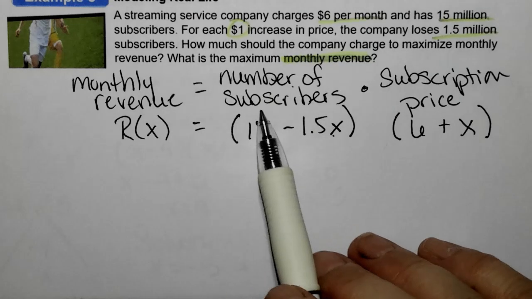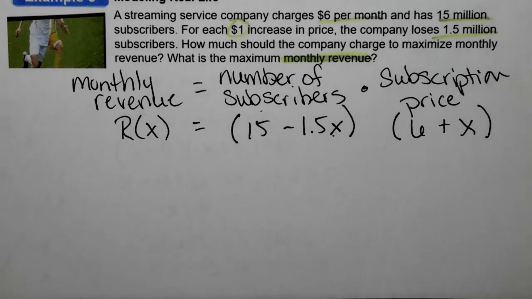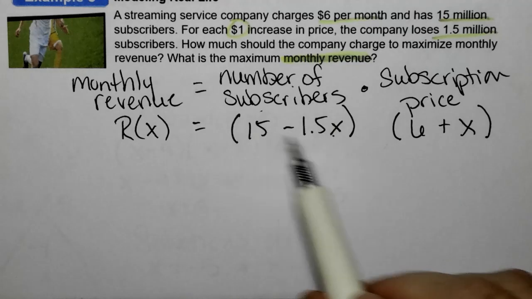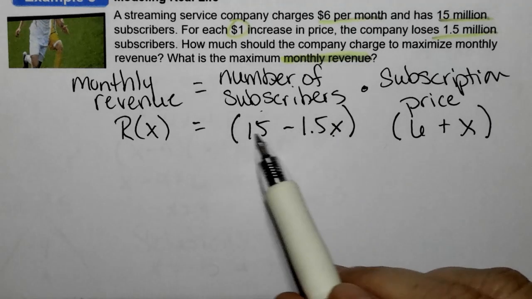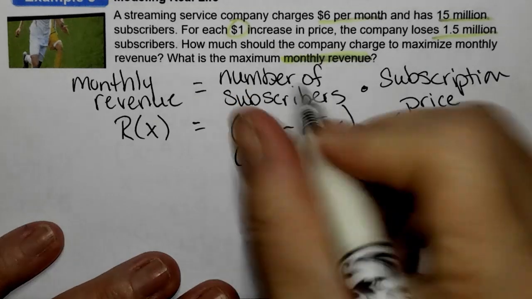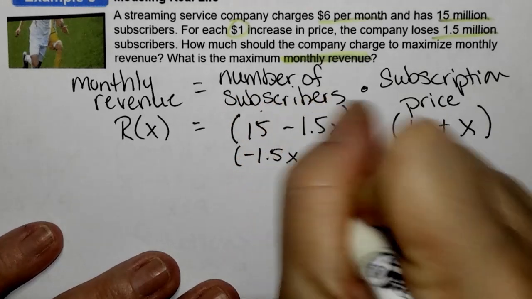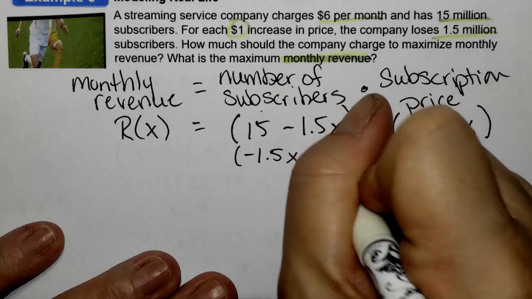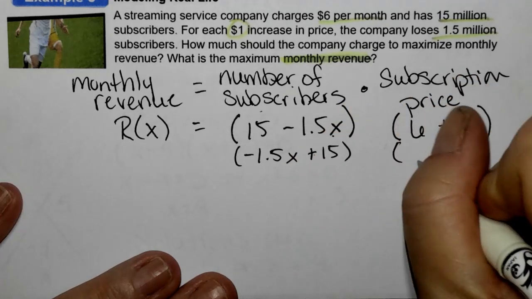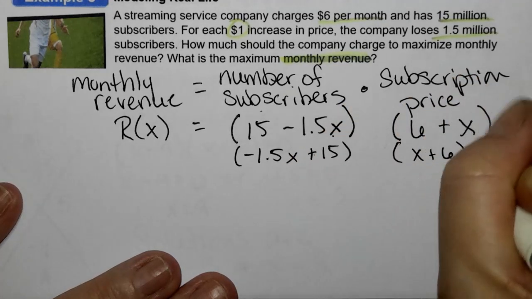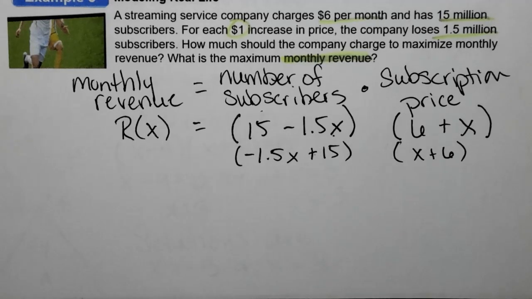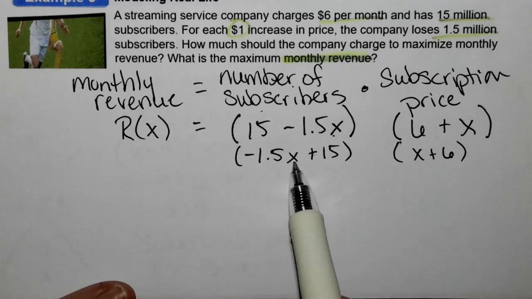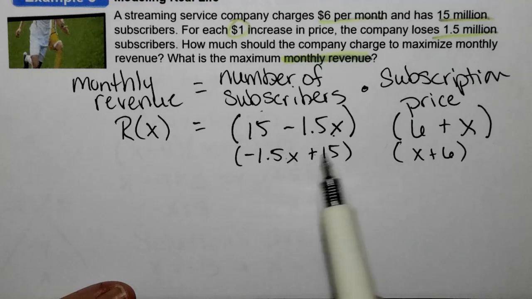So we're going to set this up thinking about x-intercept form. We're going to rewrite this to where the x is in front, and we can also factor this out. First I'm going to rewrite this as negative 1.5x plus 15, and then I'm going to rewrite this one as x plus 6. I didn't change anything. The negative's still with the 1.5. But I do want to factor out a value here to make it x plus a number.